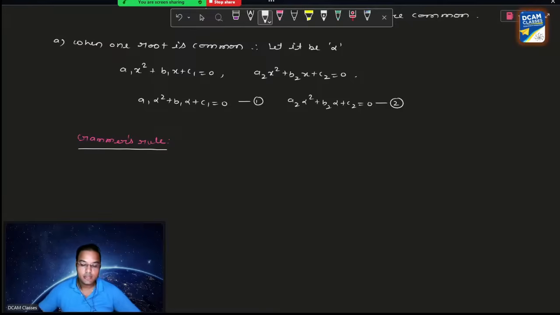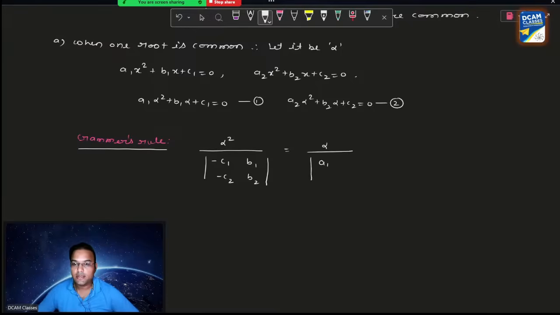There they have said the value of alpha square, when you have these two equations, you can write this one: alpha square by the modulus of minus c1, minus c2, b1, b2, is equal to alpha by the modulus of a1, a2, minus c1, minus c2, is equal to 1 by the modulus of a1, a2, b1, b2.